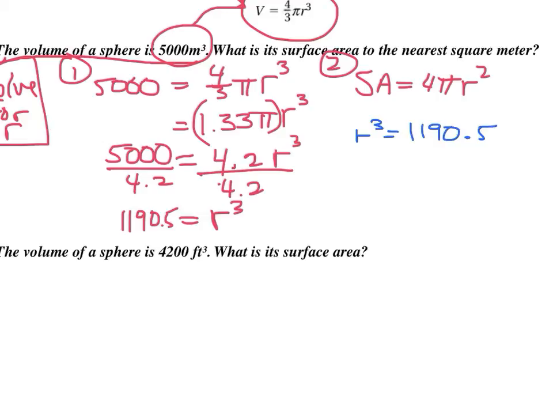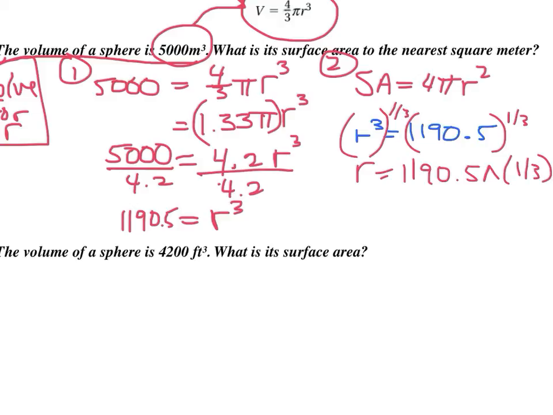But another way to do it is to raise both sides to the 1/3 power. So to undo the third, I'm going to raise both sides to the 1/3. So doing so, I will get r equals 1,190.5 raised to the 1/3 power.